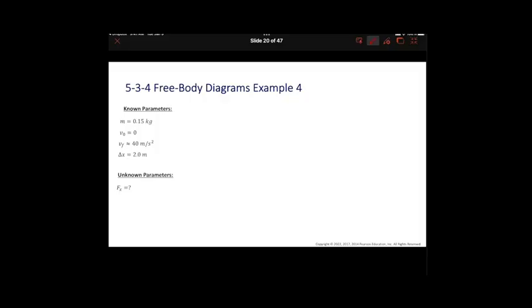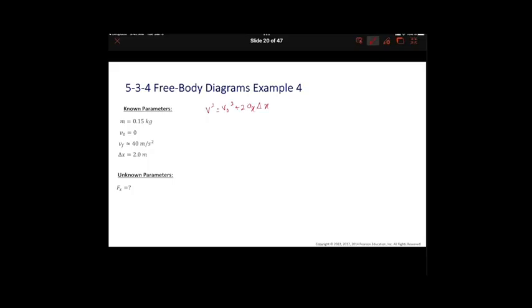We apply Newton's second law to find the force, but for that we first need to find the acceleration. For that we can use a kinematic equation. Since we know the initial and final velocities, v0 and vf, and also delta x, we can use the equation involving these three terms, which is v squared equals v0 squared plus 2 ax delta x.